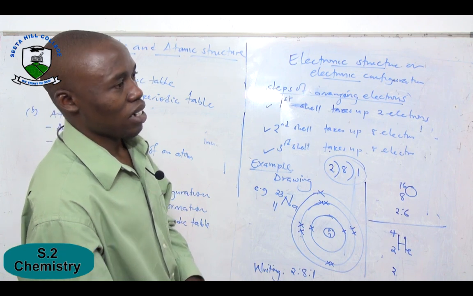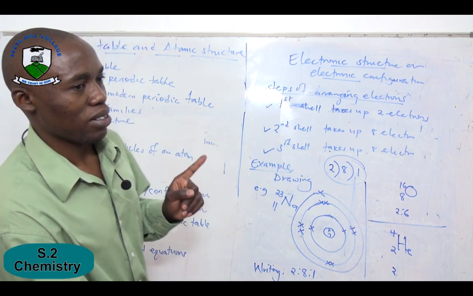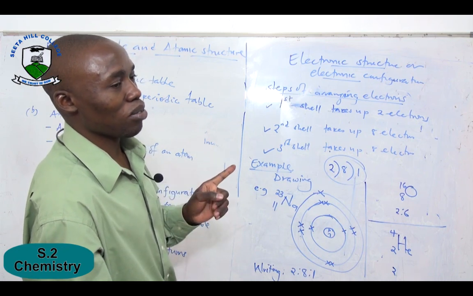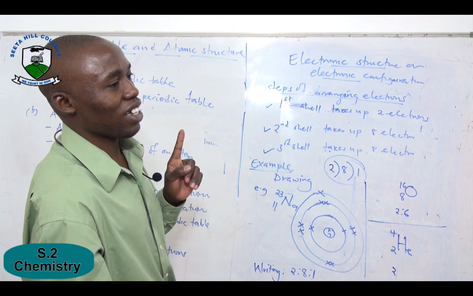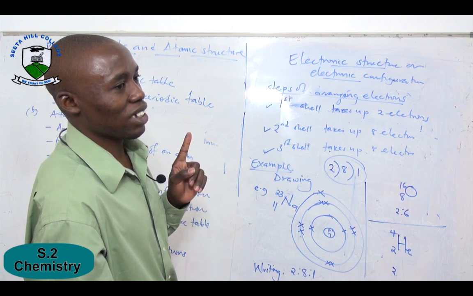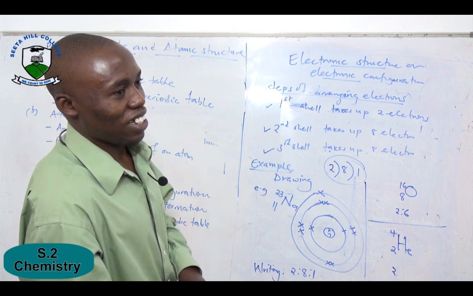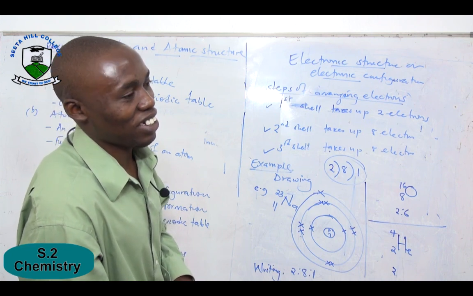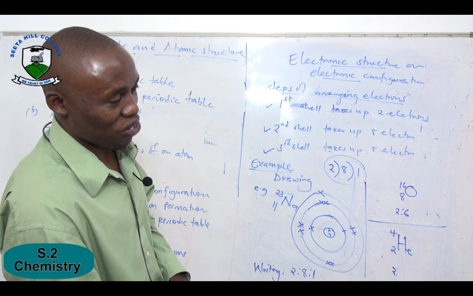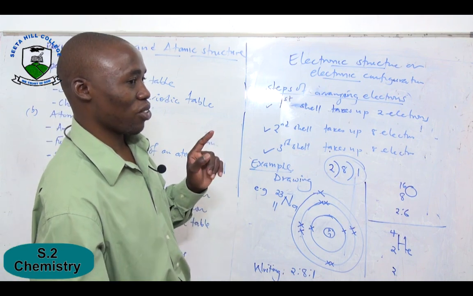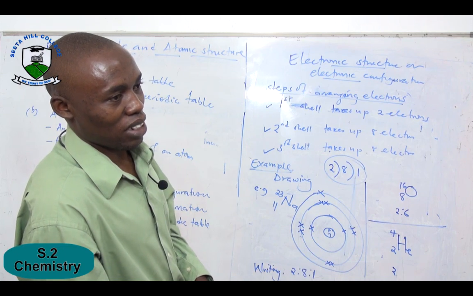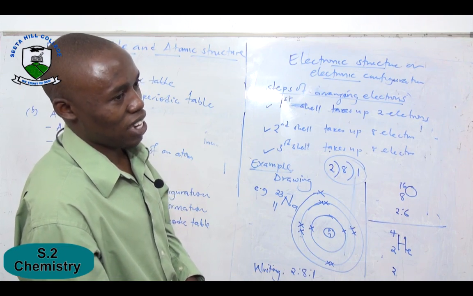Textbook, fine. That's why our discussion limits us to a maximum of 8, and to atomic number 20, because when we exceed it, it calls in some chemistry which we are not able to discuss now.